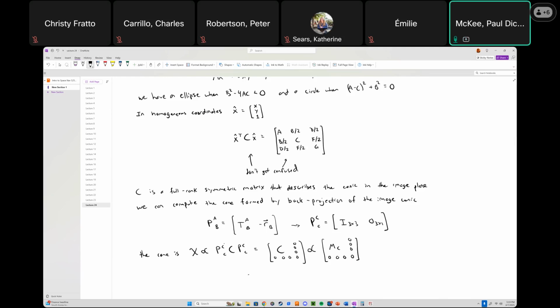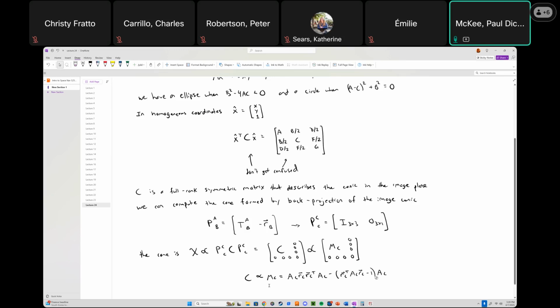So C, the image conic, is proportional to MC, and we said that MC was AC, RC, RC transpose AC minus RC transpose AC RC minus 1 times AC. So all we've done is we've established that this matrix C is proportional to this guy.